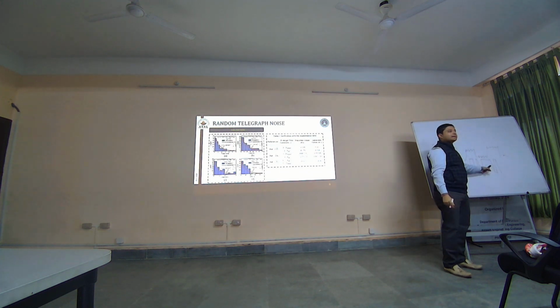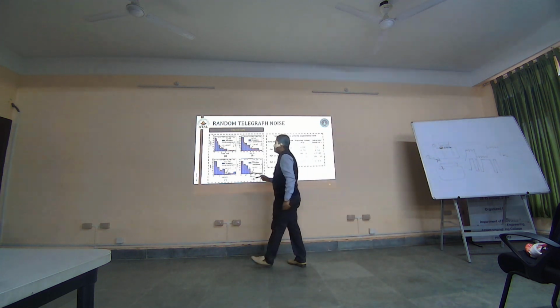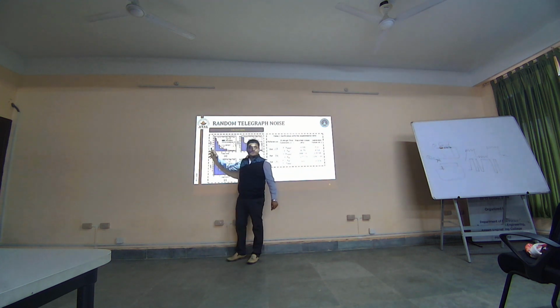I can create this graph by any kind of code, so you should have some authentication. The only authentication for random telegraph noise is that if you count the number of ones and zeros, the highs and lows, it should always follow, on an average, an exponential pattern.